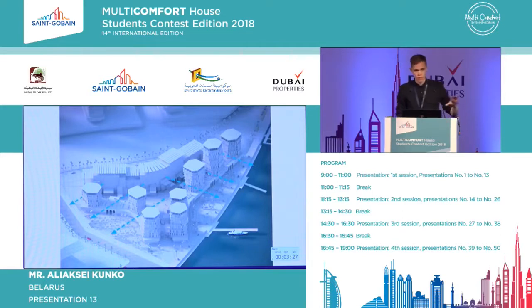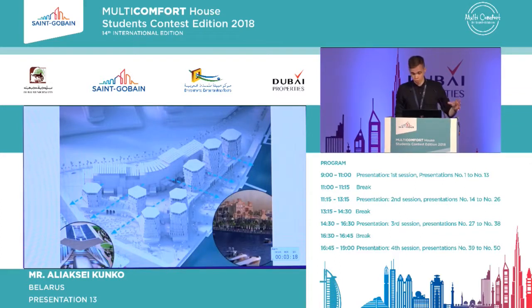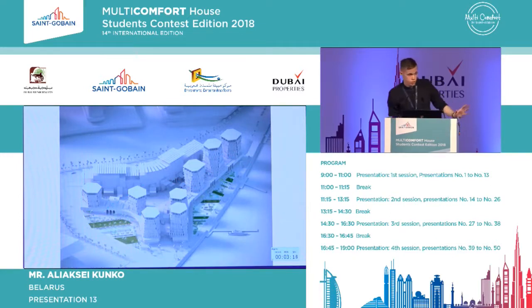Orientation of the building to the main views was taken into account as well, in particular to the nearby library, which is currently under construction, and to the beautiful Dubai Creek. As you can see on the next slide, the geometry of site development divided the total area into several public areas.